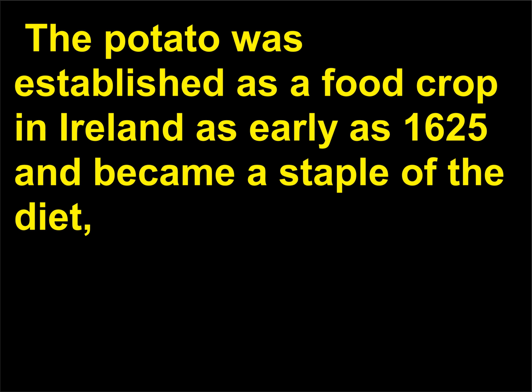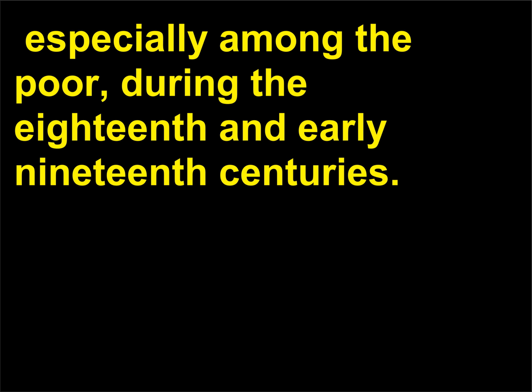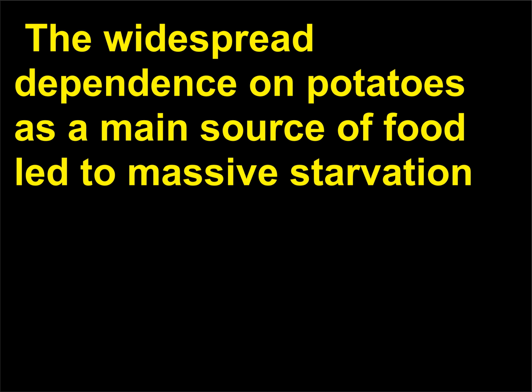The potato was established as a food crop in Ireland as early as 1625 and became a staple of the diet, especially among the poor, during the 18th and early 19th centuries. The widespread dependence on potatoes as a main source of food led to massive starvation.